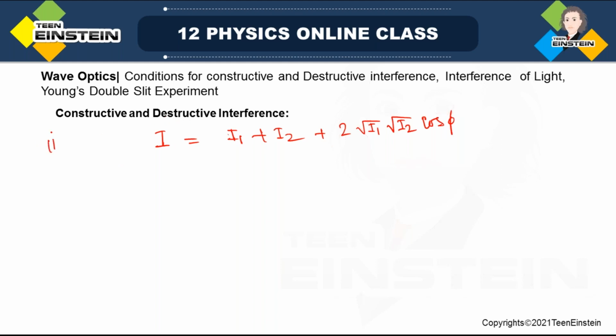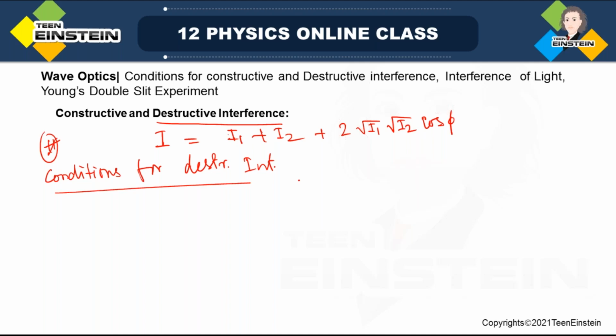Now we are finding out the condition for destructive interference. We have already found the condition for constructive interference. For destructive interference, the resultant intensity has to be minimum.